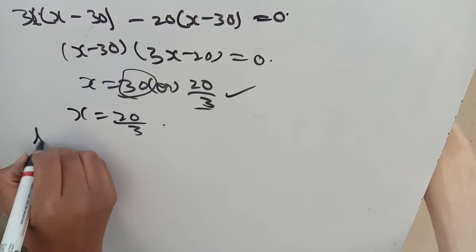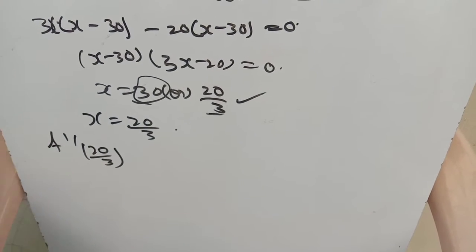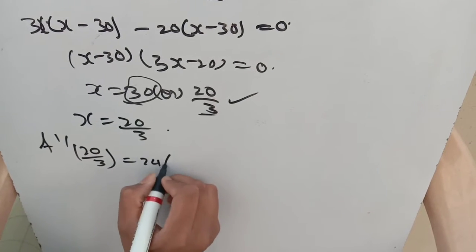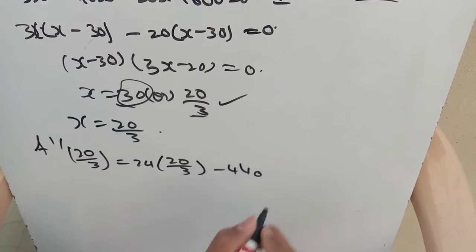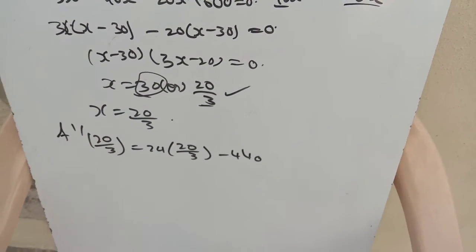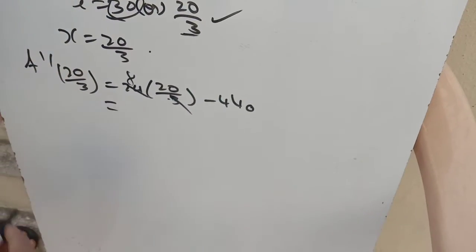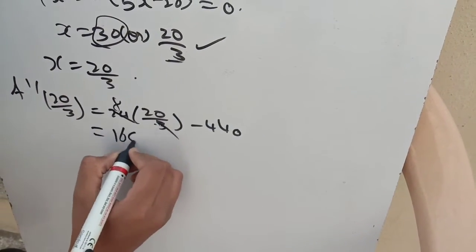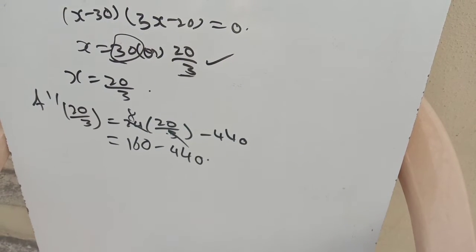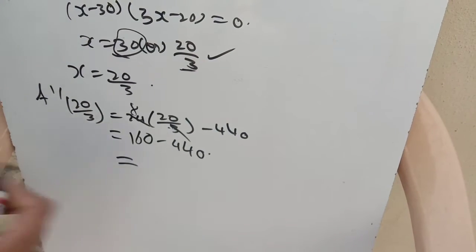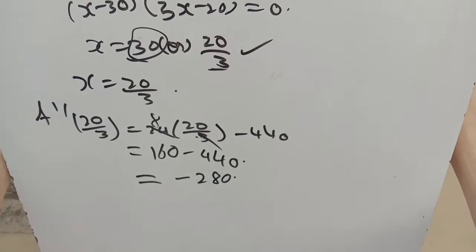So now f double dash of 20 by 3. What is the value of f double dash of 20 by 3? It is equal to 24 into 20 by 3 minus 440. What is the value of 24 into 20 by 3? 3 eights are 24, right? So 8 into 20 is 160, minus 440. So the final value is minus 280, right?